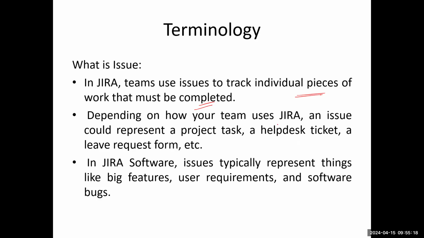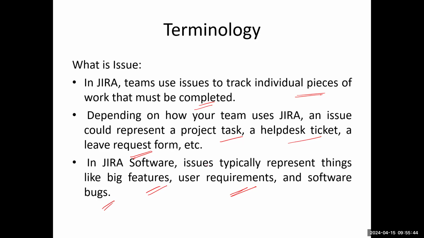Depending on how your team uses Jira, an issue could represent any project task, help desk ticket, or any leave request form, etc. So based on what purpose you are using Jira, issue types can be different. In Jira Software, an issue typically represents things like a big feature, requirement, or any software bug.